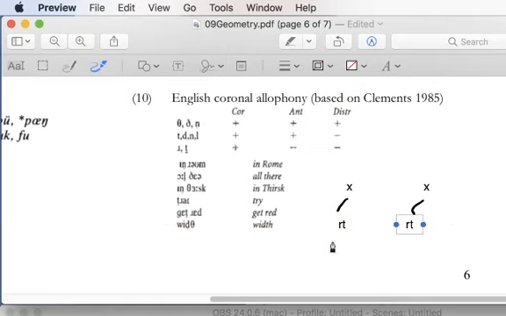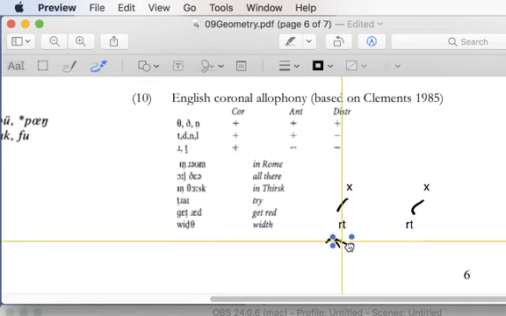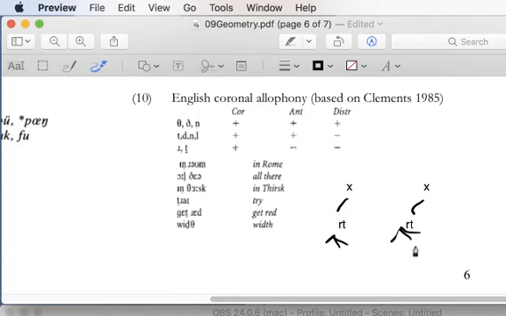And that root node is going to dominate a whole bunch of different things, including place, and down below the place, there's going to be a coronal node, and down below that coronal node, way down here in the tree, we're going to find all of the minor place features, including anterior and distributed.